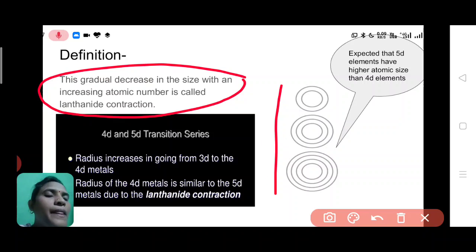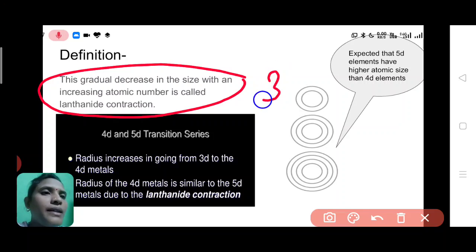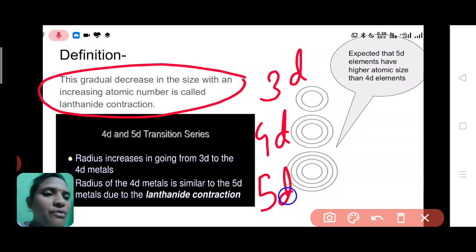See here, this element is from 3D. Consider first atom is from 3D, then second is from 4D, and third one is from 5D. So this is expected here, that we know 3D elements have lesser atomic size than 4D.